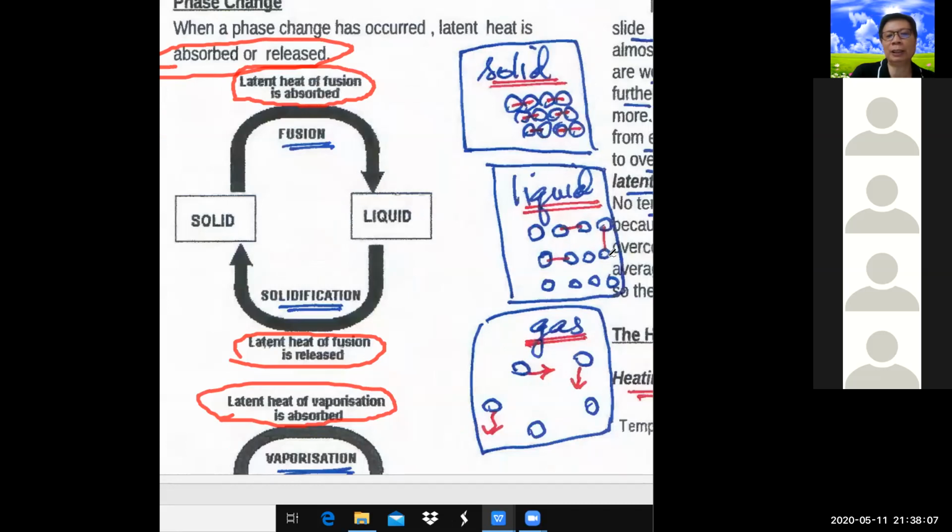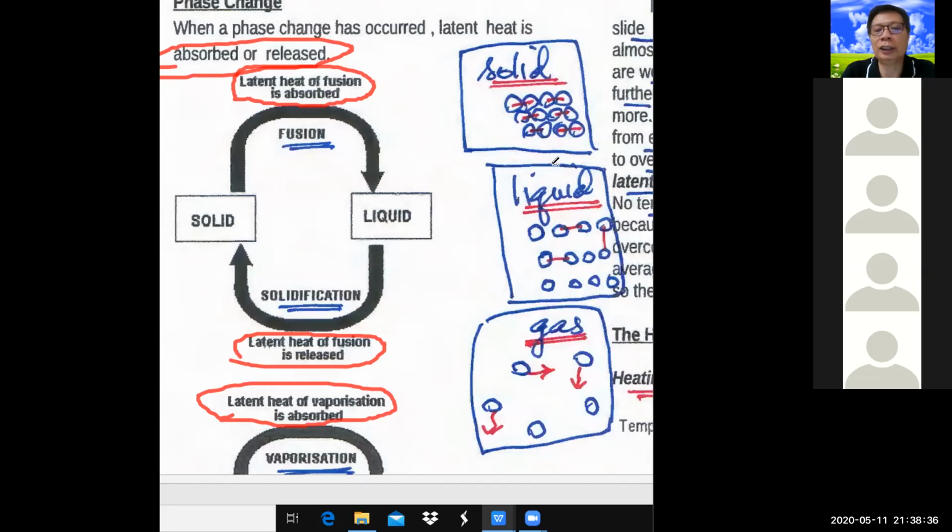Whereas in liquid the distance becomes further. You can see the distance between the molecules becomes further, meaning that these binding forces are intermolecular. We call it the intermolecular binding force. In the solid, the molecules bind together very close, very strong. So this intermolecular binding force is very, very strong.